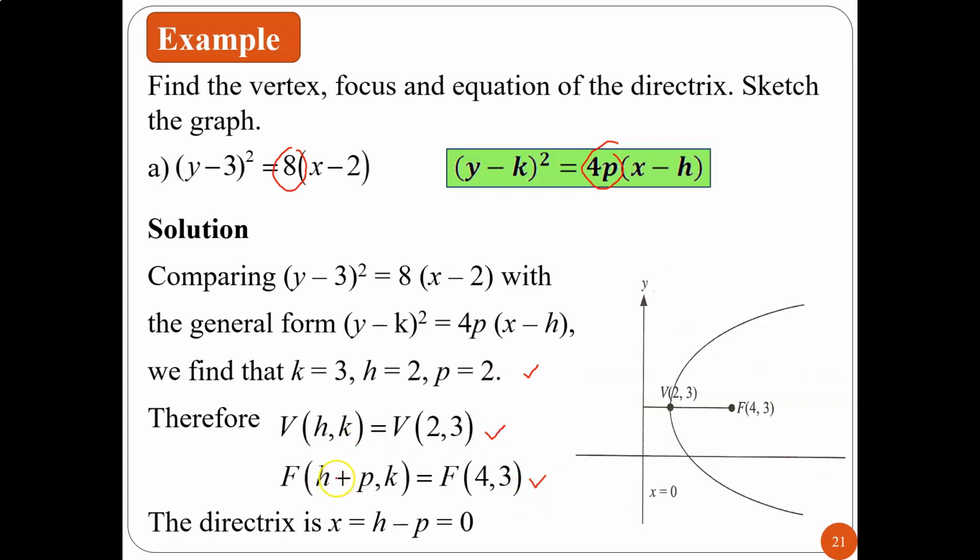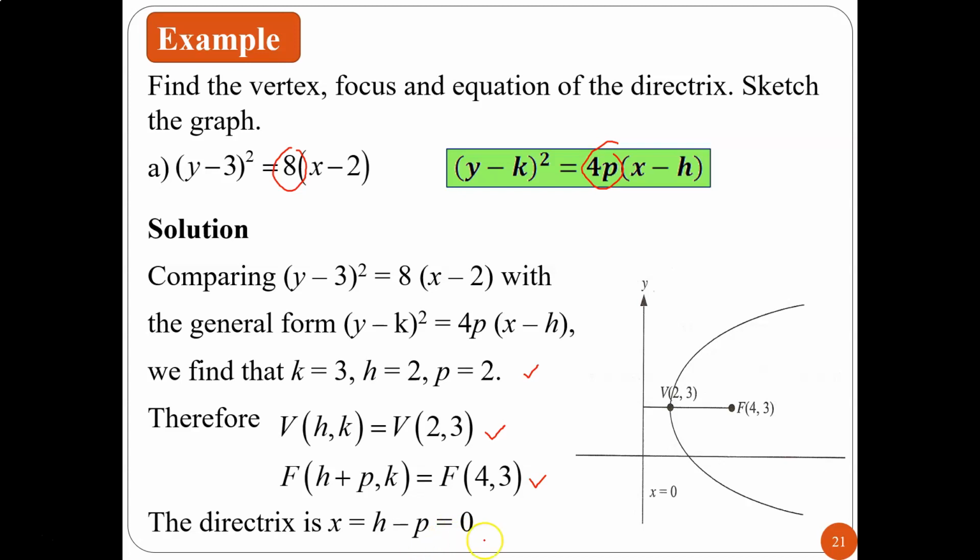Okay, since you already have a vertex and focus, of course you will have your directrix. But directrix, we write it down in terms of an equation like this. x equal to, it's just the opposite of your F earlier. If F is h plus p, then the directrix will be h minus p.